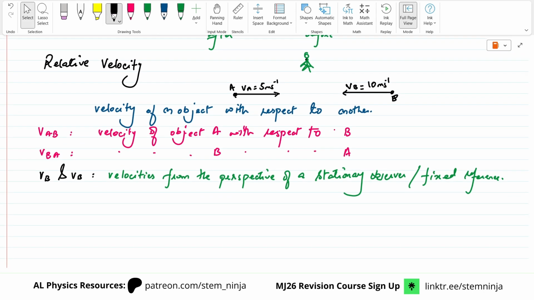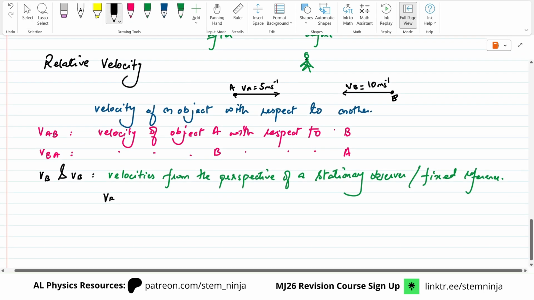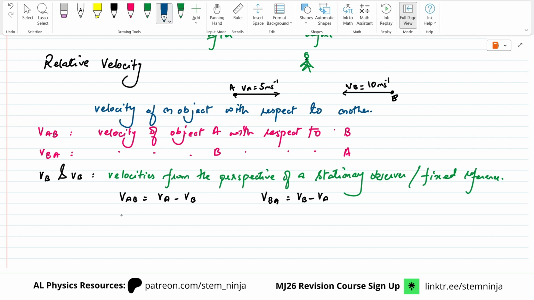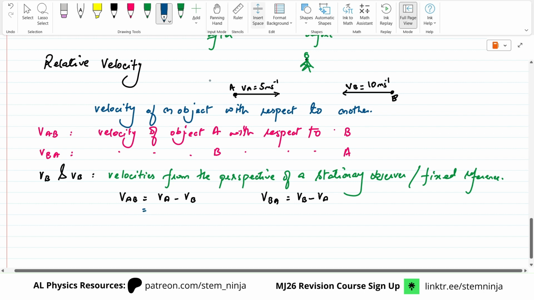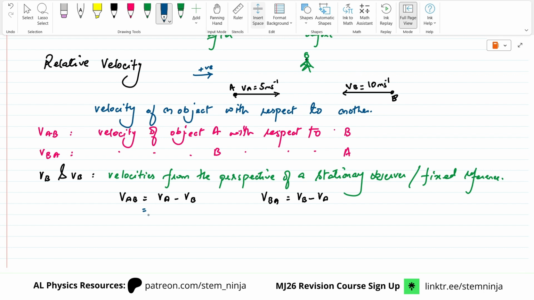So how do we actually do that? For example, if we have VAB, its formula is going to be just simply VA minus VB. And the opposite way would be VB minus VA. Now, since the directions are opposite, we can designate one direction to be positive. So VB would be negative in that regard.